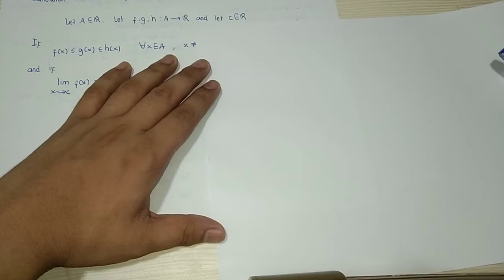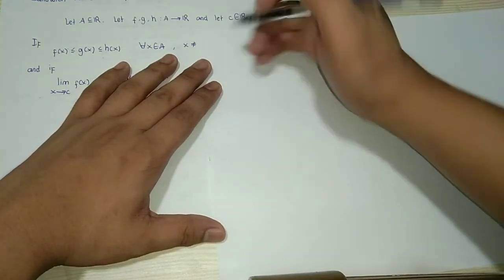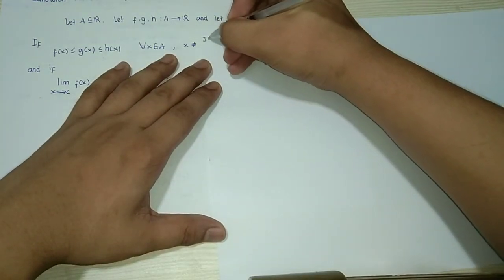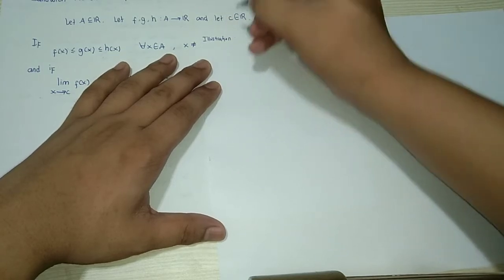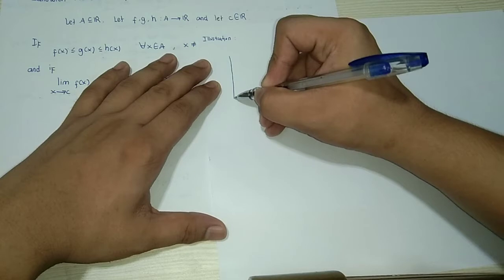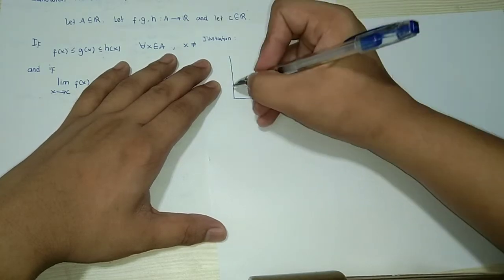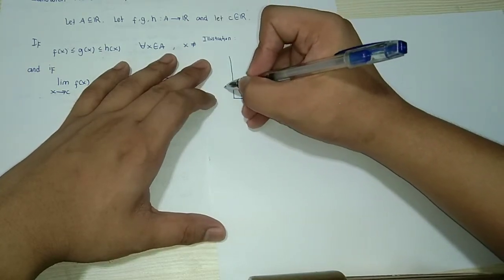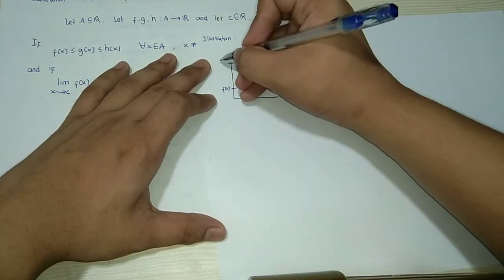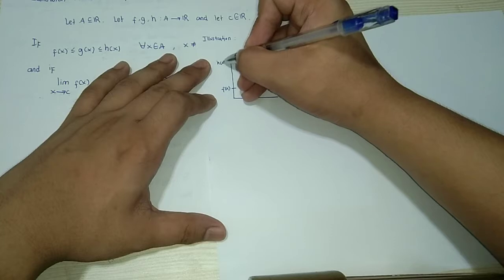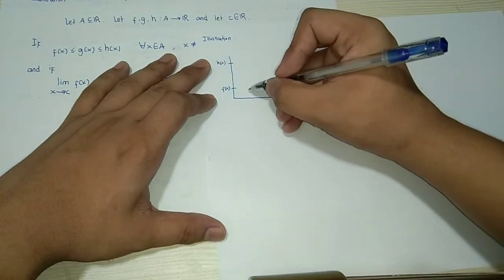So for illustration, para ma-imagine natin yung sandwich theorem, kaya siya tinawag na sandwich. According sa given, yung f of x daw yung pinakamababa. Let's say ito yung ating f of x, tapos ito yung h of x natin.